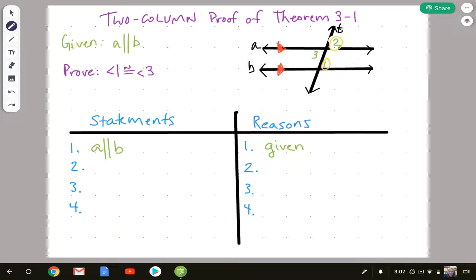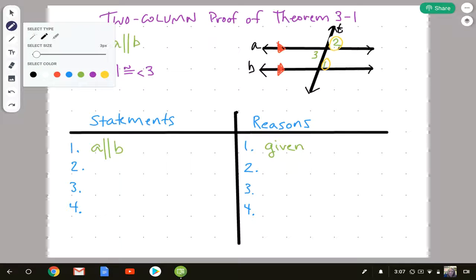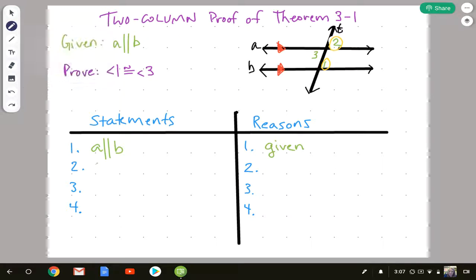Angle 2 is to the right of the transversal, and angle 1 is also to the right of the transversal, and they're both above the lines that they're next to. So these two are corresponding angles. So I could say angle 1 is congruent to angle 2, and that's by the corresponding angles postulate.